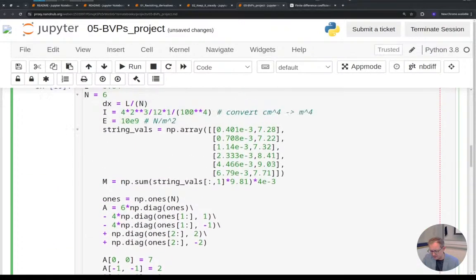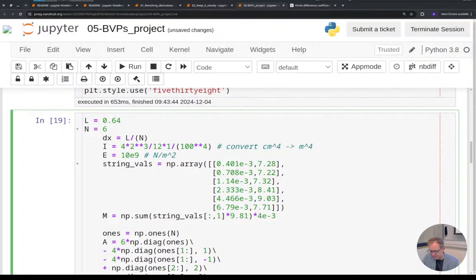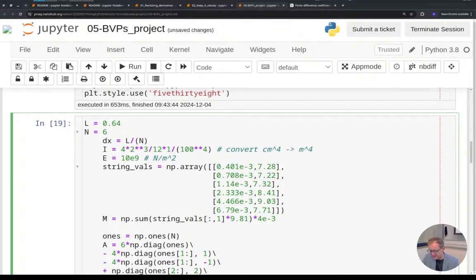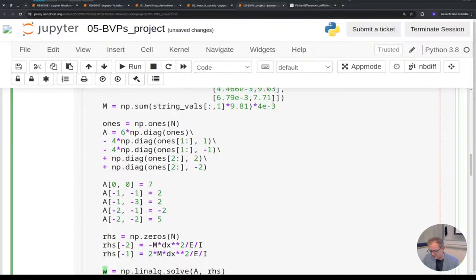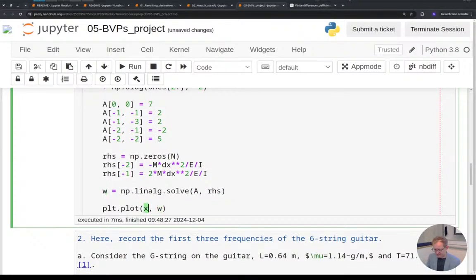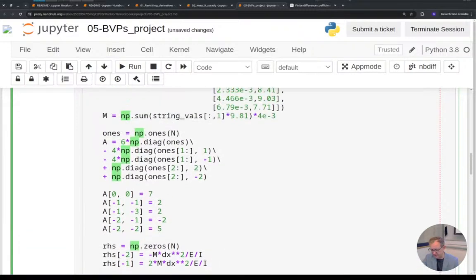Let's see, do I have x in there? No, I have dx. Just give it an x value.